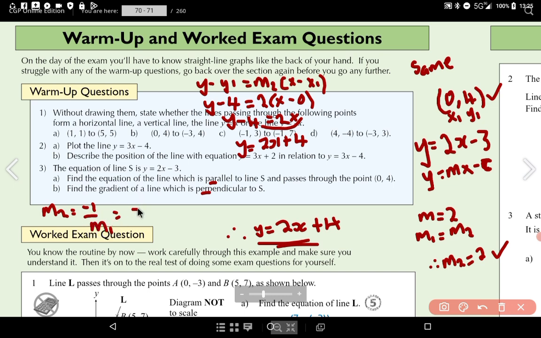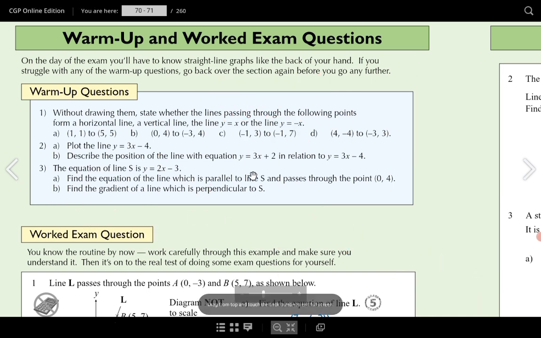So we say -1 over gradient 1, which is the 2 here from the first line, the line S, which is y = 2x minus 3, so gradient 1 is 2. Therefore gradient 2 is basically -half. That is how you answer these questions. Let's do some more practice questions.